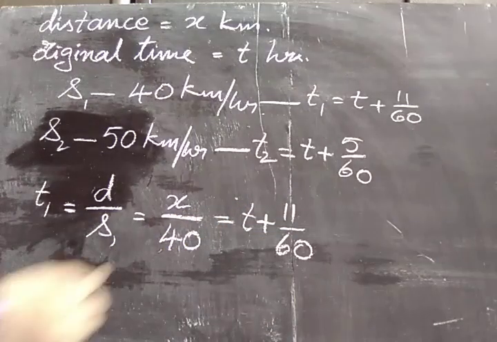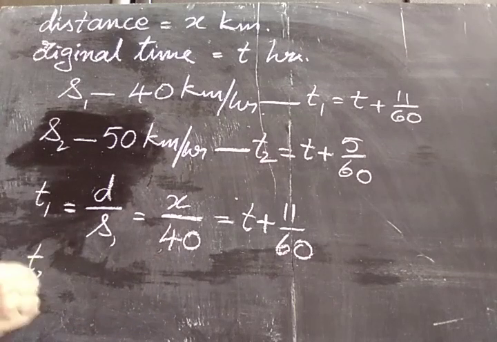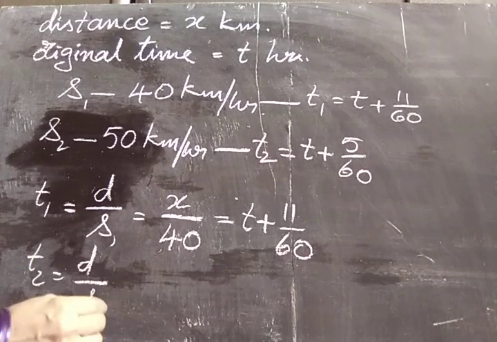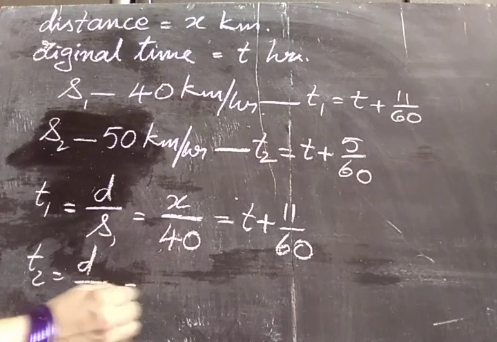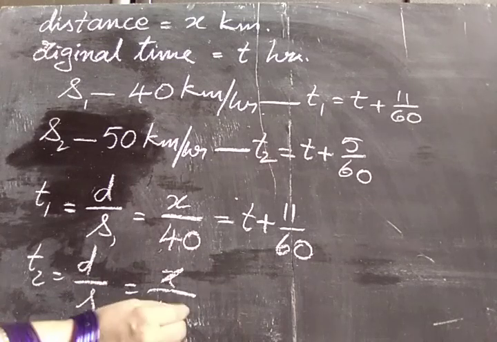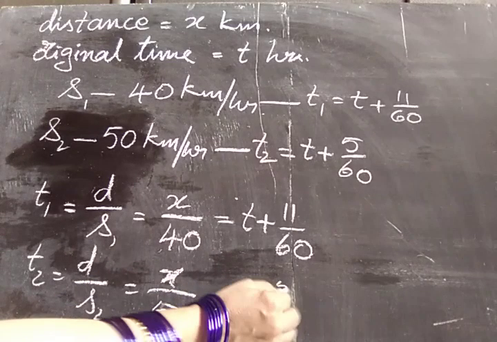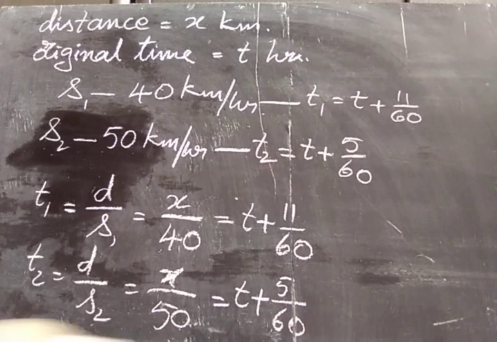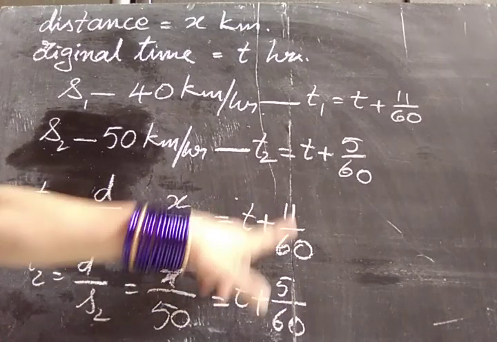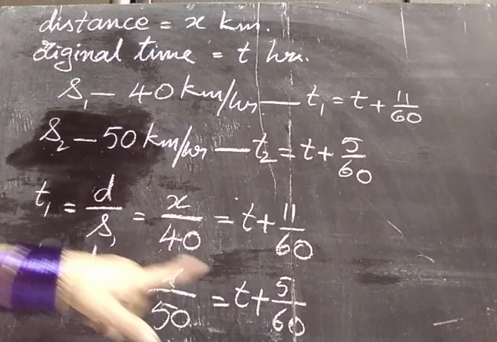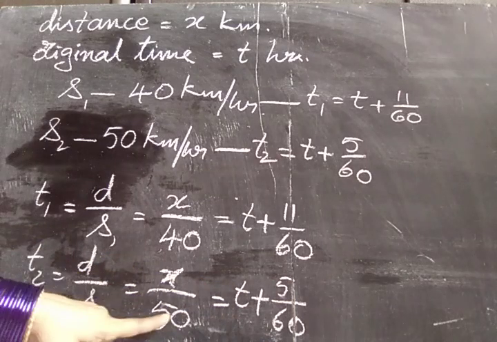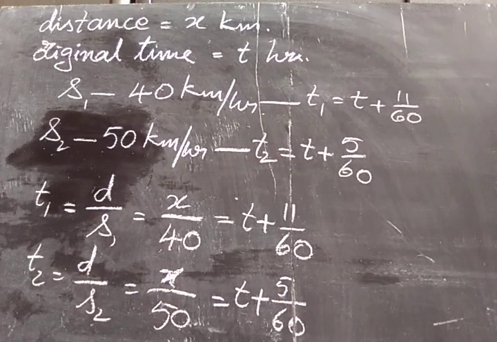Understood? Next, T2 is equal to D by S2, that means X by 50. That is T plus 5 by 60. So, T plus 11 by 60 is equal to X by 40. T plus 5 by 60 is equal to X by 50.